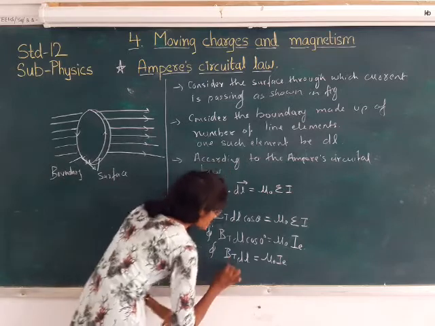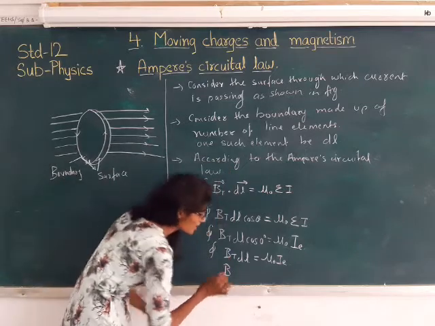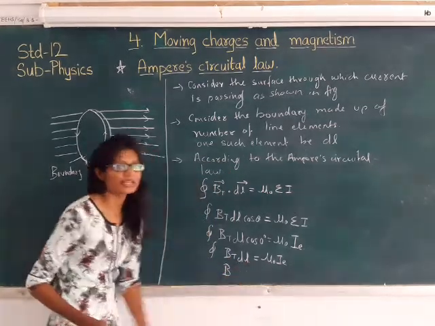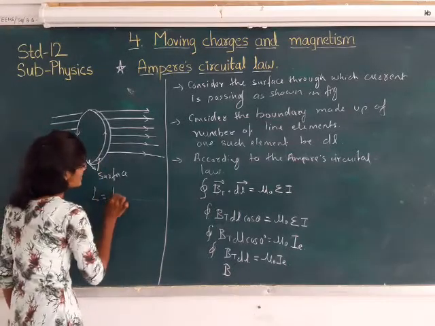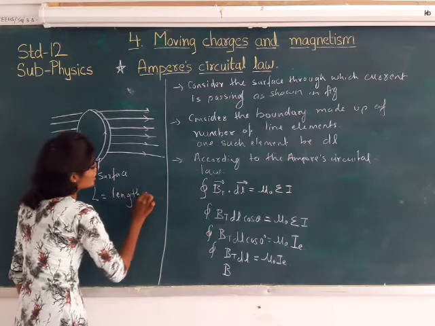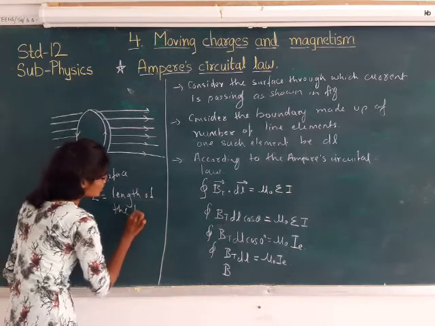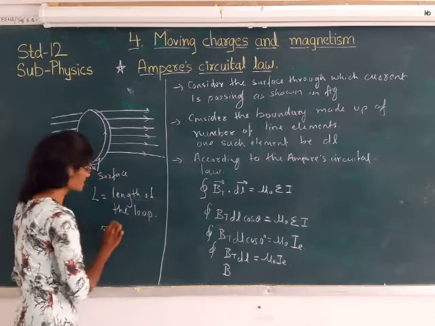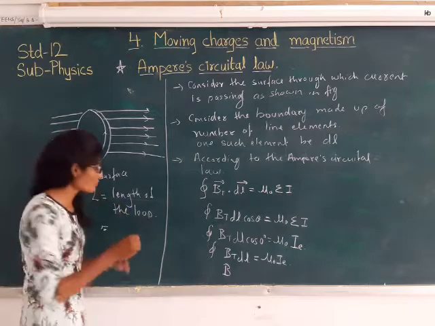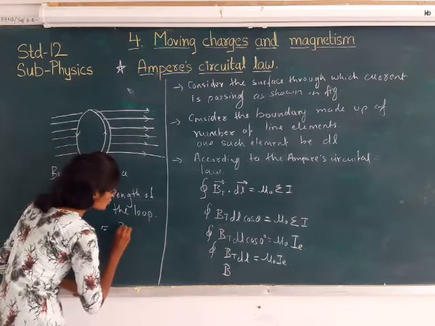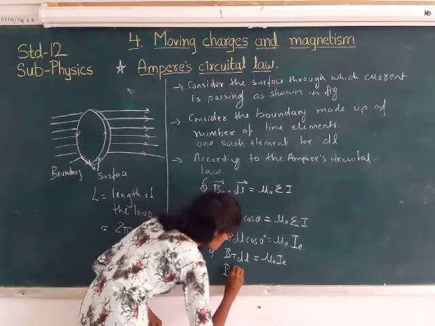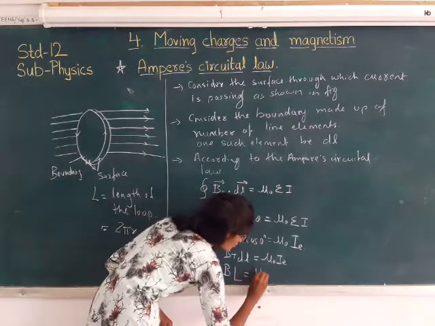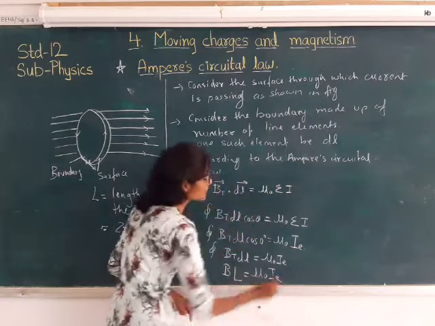So considering these as simply B, and dl over here is taken as the length of this loop. Over here L is the length of the loop, and because it is in the circular form, we can take it as 2 pi r, right? So this can be written as B L equals to mu 0 Ie.